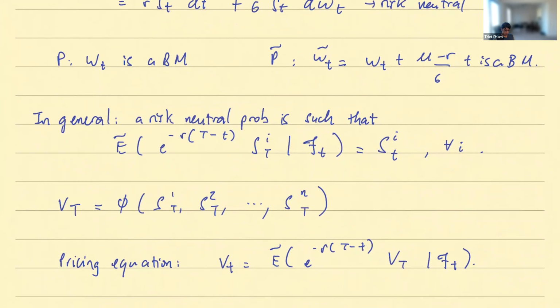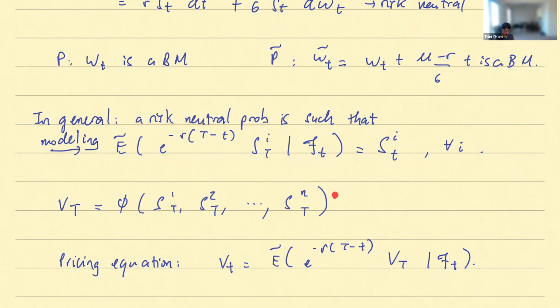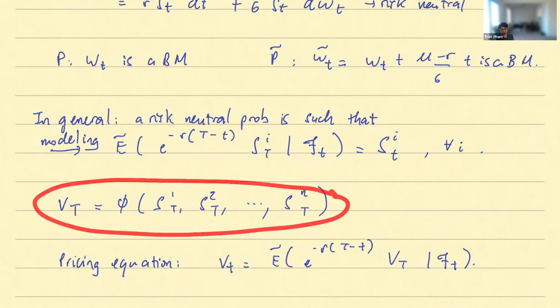So this is the modeling part, or the definition. After you finish your model, you make sure that everything is fine, that there is a risk-neutral probability in your model. Then whatever asset or derivative you can come up with, you can use the risk-neutral pricing equation to price it.